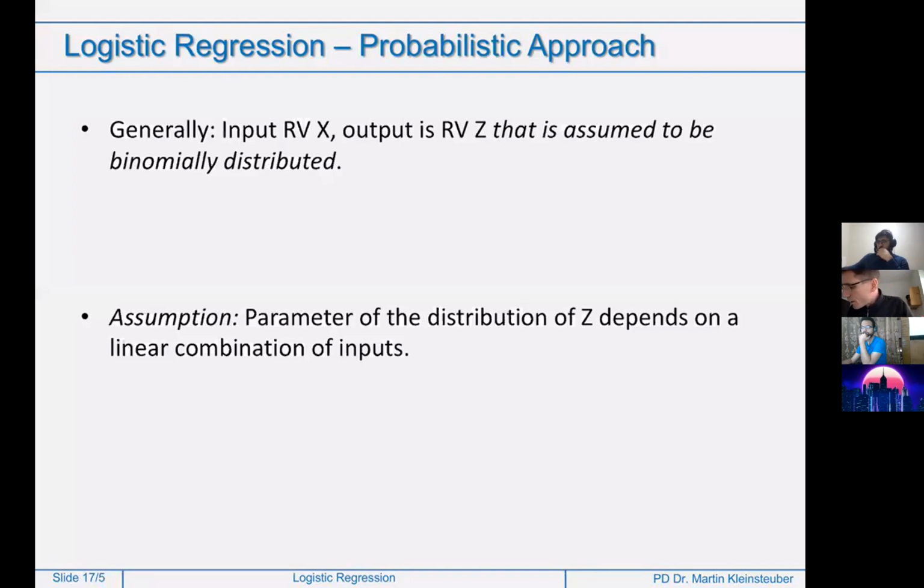We say that Z is Bernoulli distributed with the parameter P. And you said that P is sigma of W transpose times X.